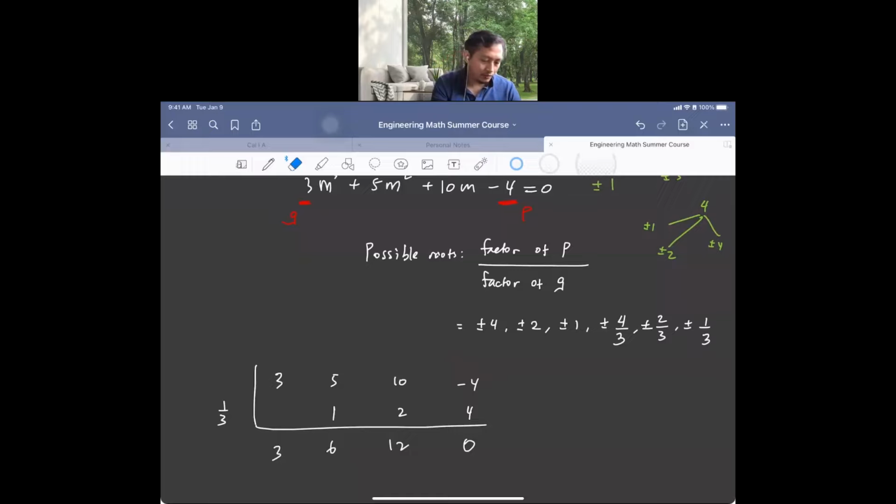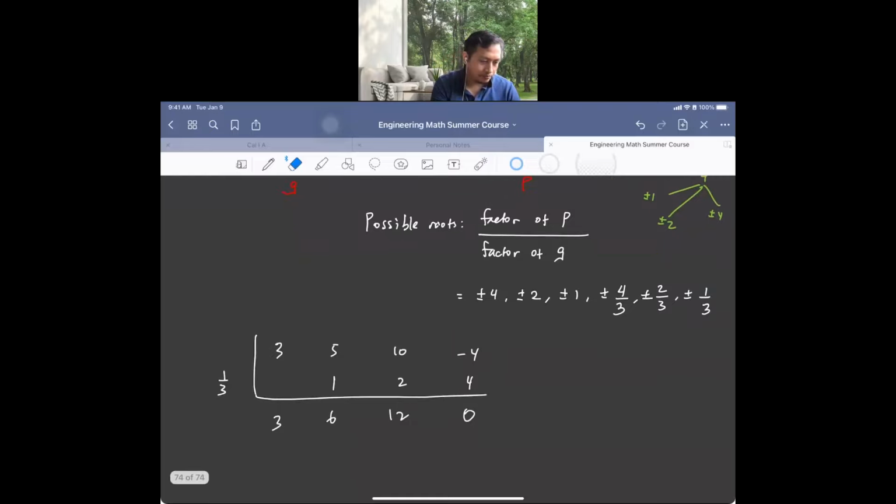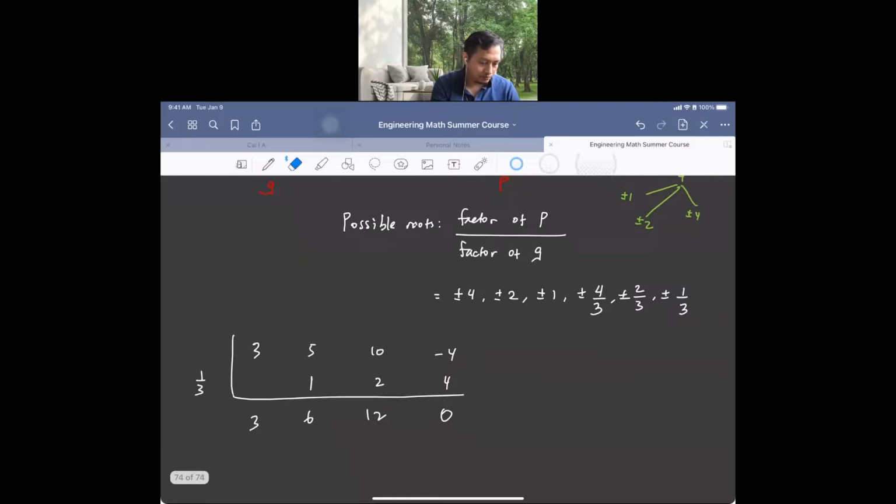Okay, so one factor that is possible is 1 over 3. So we may write m, and then we have another quadratic here that is equal 0.